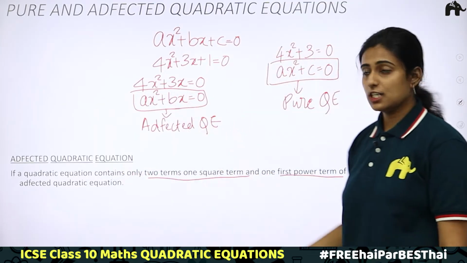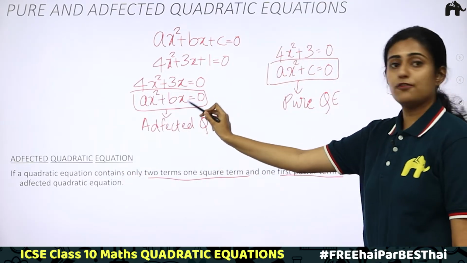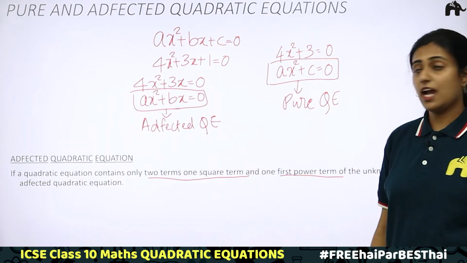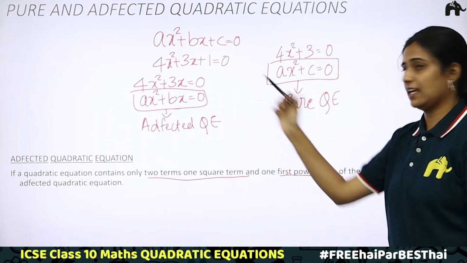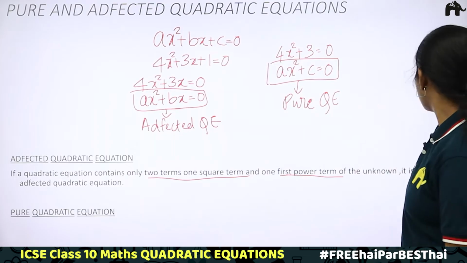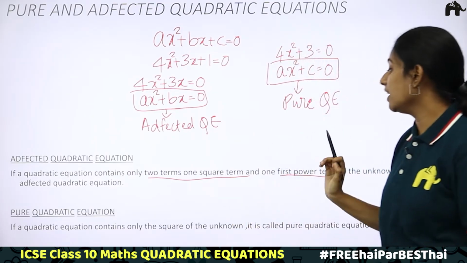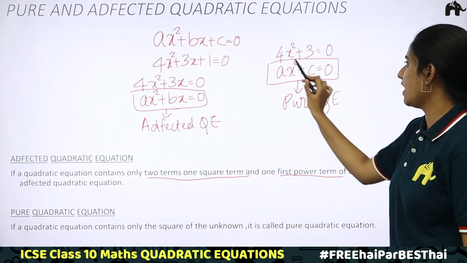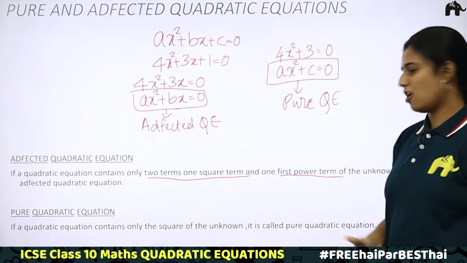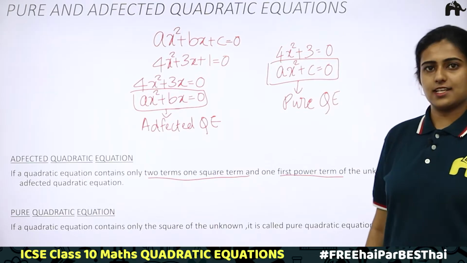This is the square term and this is the first power term of the unknown. Unknown here is a variable, that is x. Now, pure quadratic equation. If a quadratic equation contains only the square of the unknown and c is a constant, it is called pure quadratic equation.